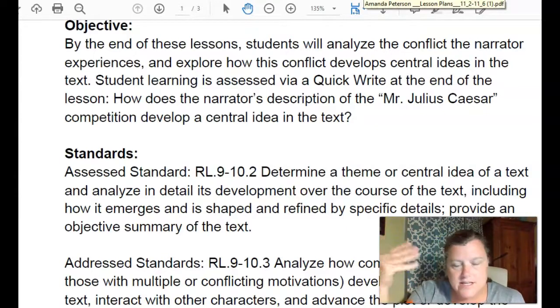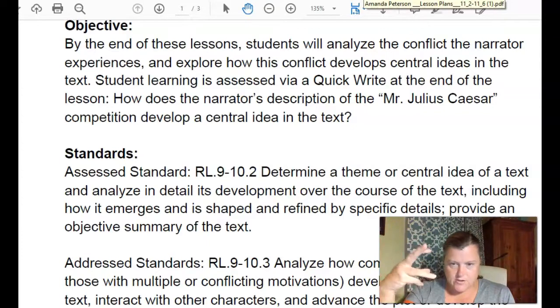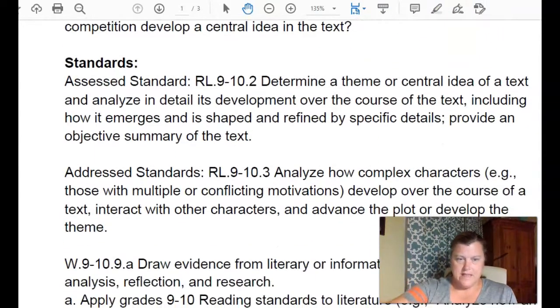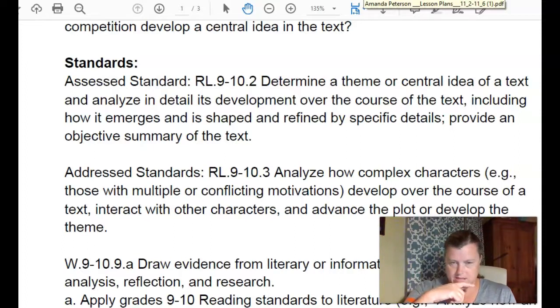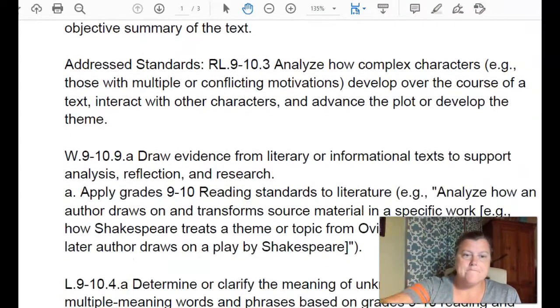So in this case, we're looking at the Mr. Julius Caesar contest and how those details bring out these characters and the decisions they make and how that all contributes to the central idea. So we'll also be looking at the third standard, analyzing how complex characters develop and interact and develop the theme, and I would add the central idea.